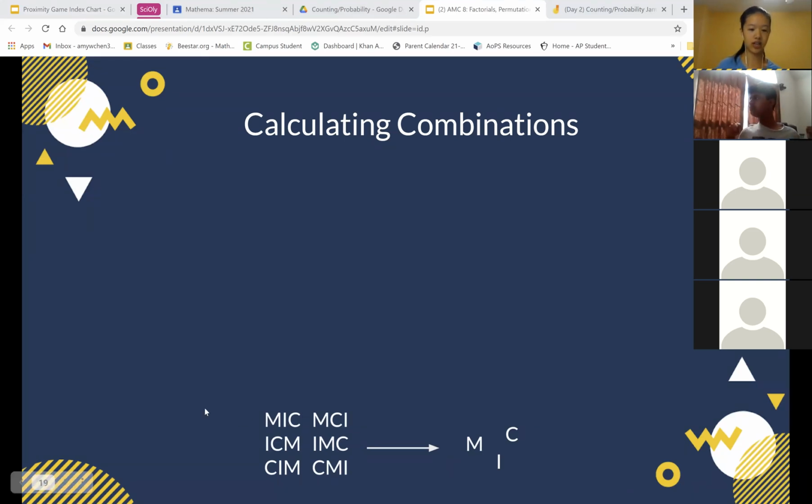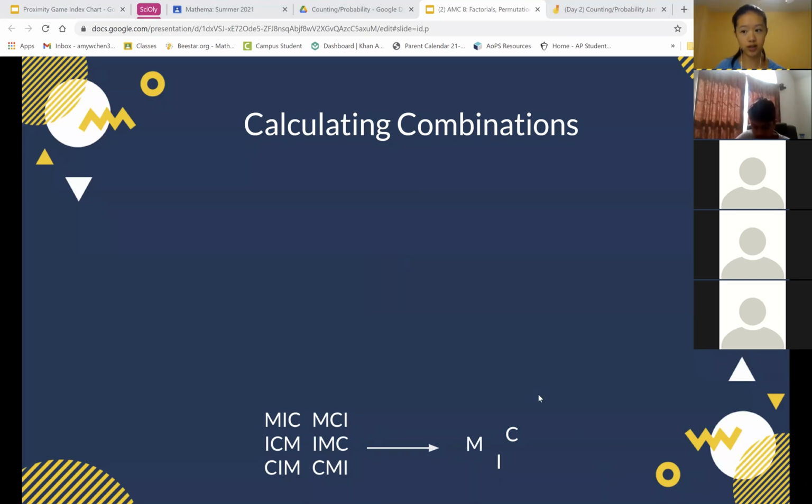If he chooses the letters MIC, using our permutation strategy, we would get that MIC, MCI, ICM, IMC, CIM, and CMI are all different. But in reality, we just want the combinations. We just want those 3 letters. We don't care about their order. It would just be an M, I, and C in no particular order. So if you notice, for every 6 permutations we get, there's actually only one combination.